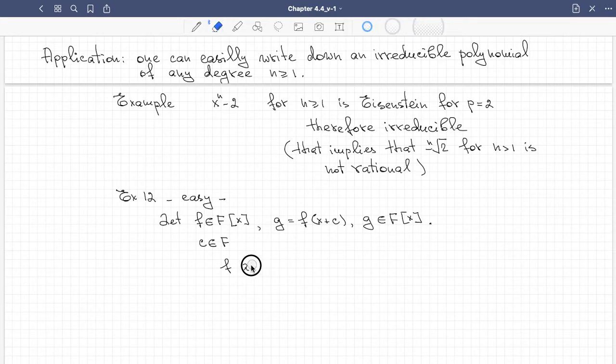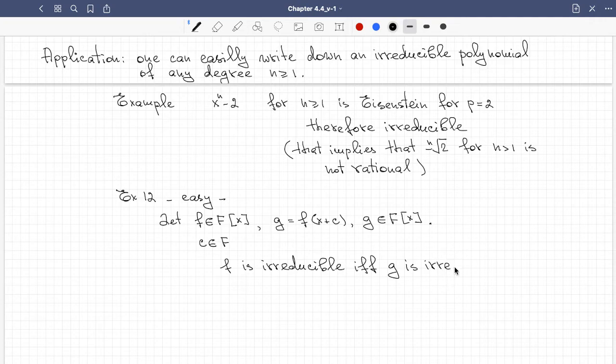Or, say, put it so, f is irreducible if and only if g is irreducible. That is a very, very simple exercise.